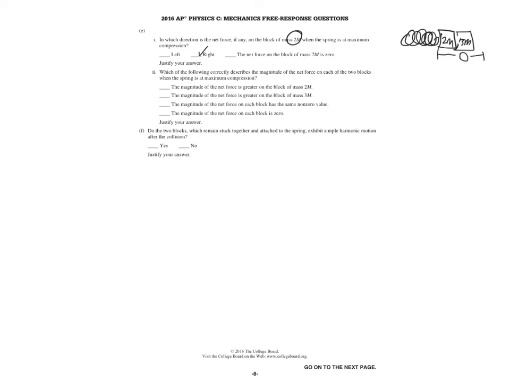So this is a little bit weird, but basically the instinct is to say that they have the same force because you've got the same spring acting on them. But since 3m is bigger and they're both going to be accelerating at the same rate, whatever it is, let's say 5 meters per second squared, the force on 3m has got to be greater than on 2m because the mass is bigger.